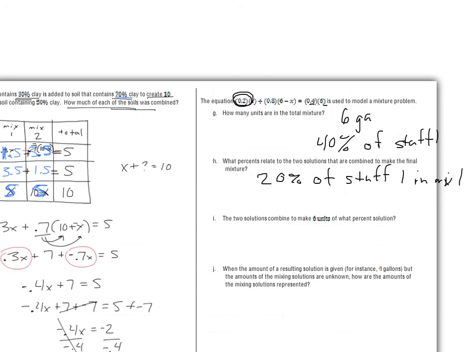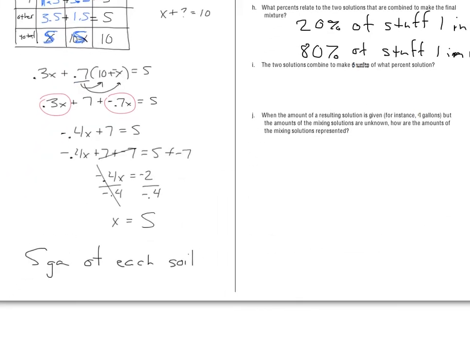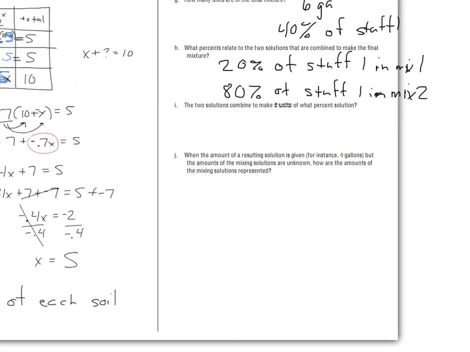And this one is going to be 0.8 or 80% of stuff 1 and mix 2. The two solutions combine to make 6 units of what percent solution? So really this is just asking us to solve this. So I'm actually going to come solve this down here where I've got a little bit more space to do it.